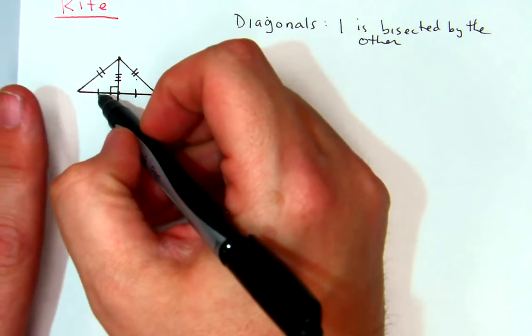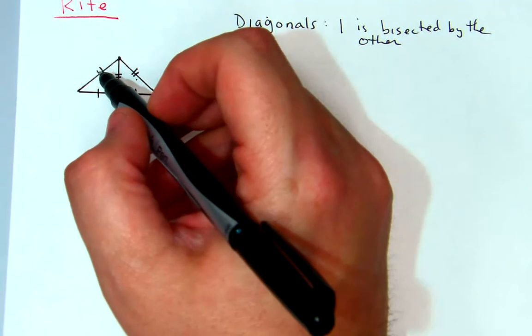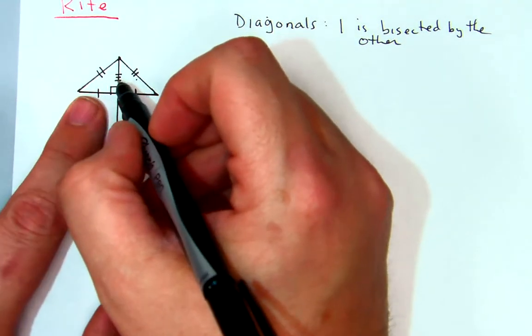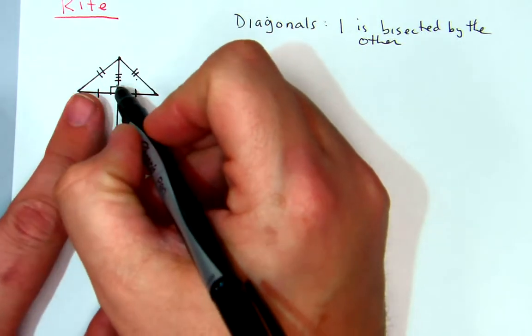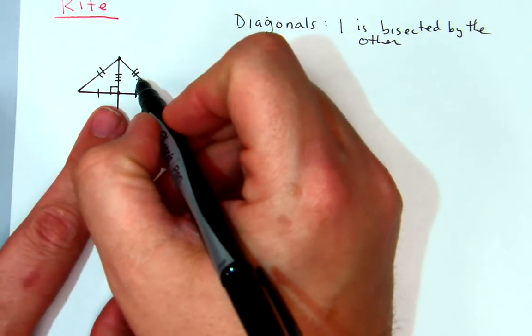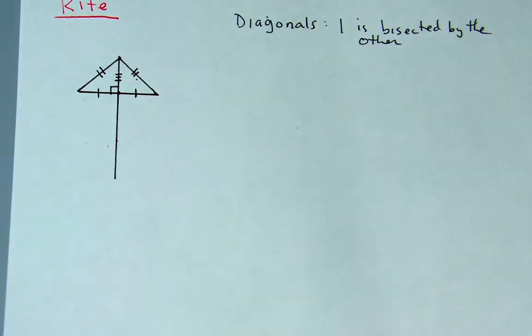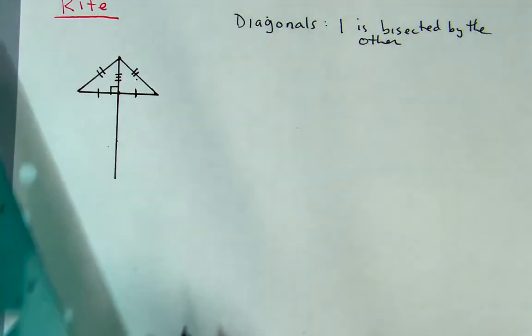Segment 1 squared plus segment 3 squared is equal to segment 2 squared. So the Pythagorean theorem is really what proves that theorem.